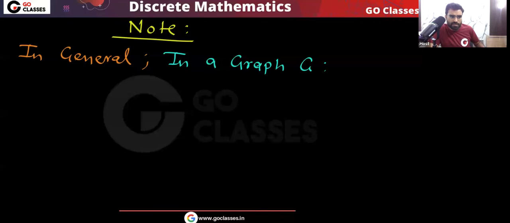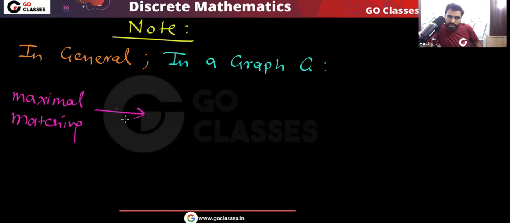In a graph G, we already know that maximal matching does not imply maximum matching, meaning a maximal matching may not be maximum.